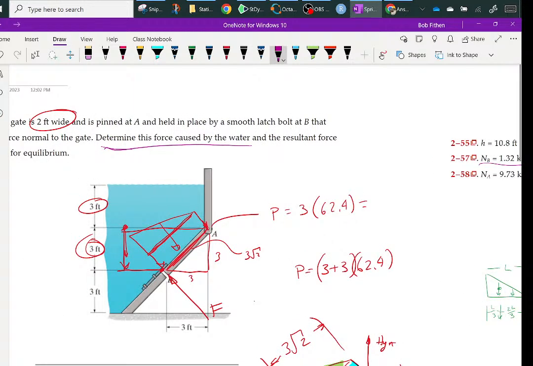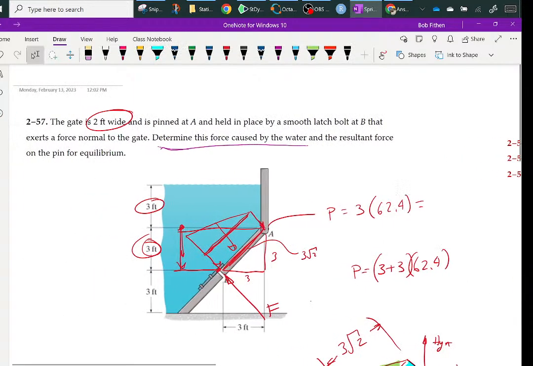What? Wait. Okay, let's see if we can read and patch these two sentences together. The gate is held in place by a smooth latch at B that exerts a force normal to this gate. Determine this force. I'm assuming it's that force.